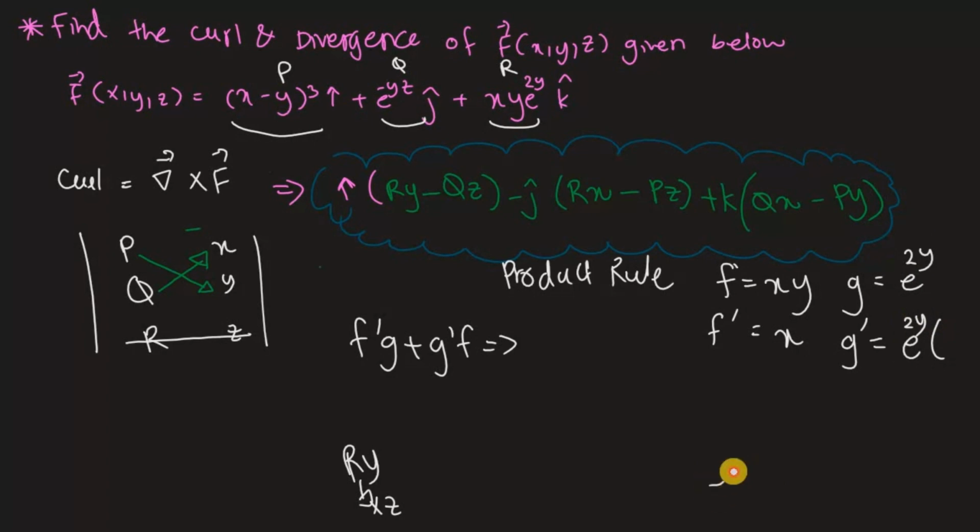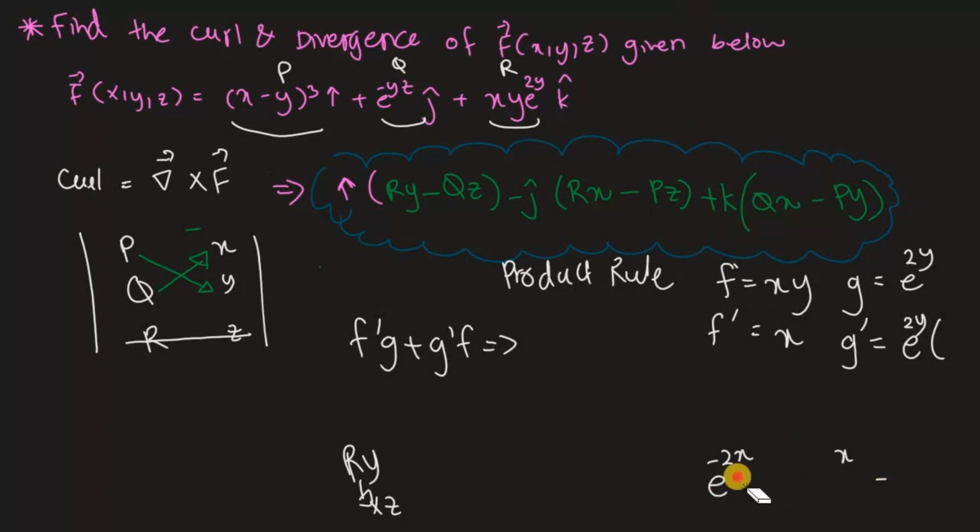If you have, for example, e to the 2x, the derivative is the same thing first, e to the 2x, and then you multiply by the derivative of the inside function, which is 2.